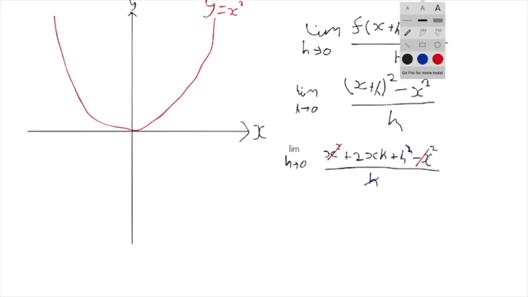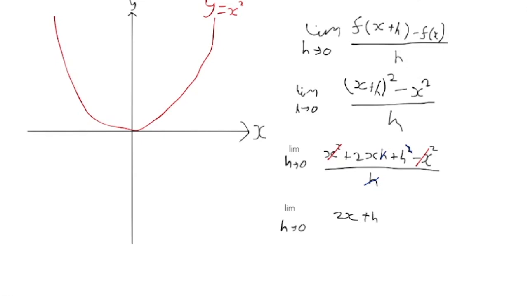This leaves us with the limit as h tends to 0 of 2x plus h. And now, as we can see, as h goes to 0, this term h, well, it goes to 0.